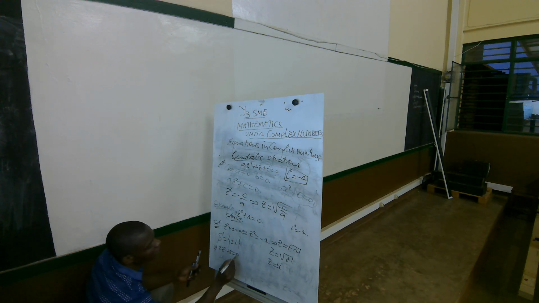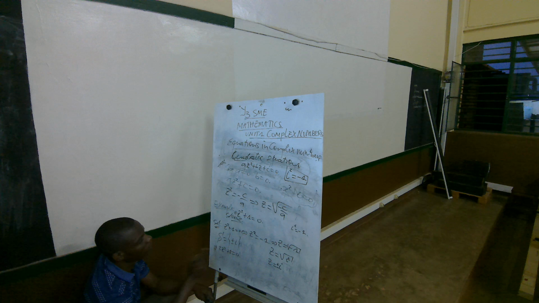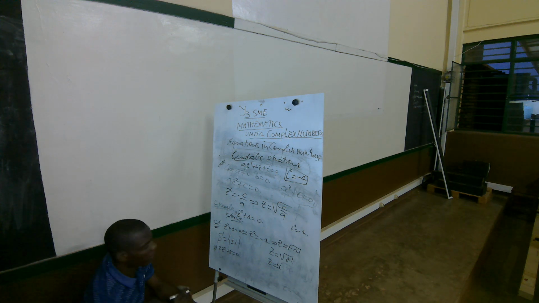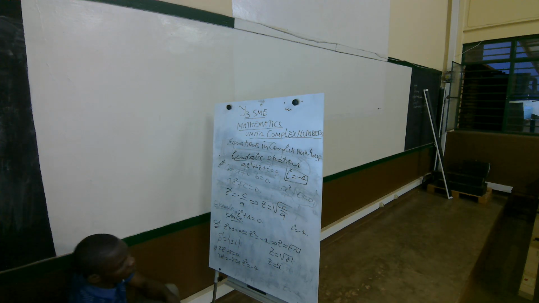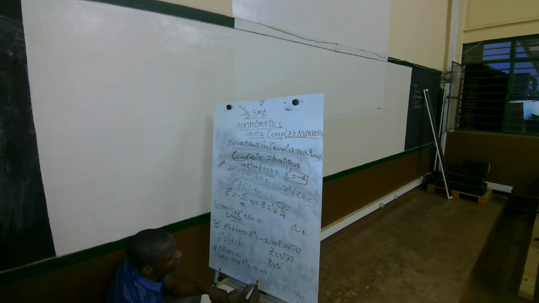Another one we can try, the second one: 2z squared plus 8 is equal to 0. We can solve this one in the set of complex numbers. We say that 2z squared is equal to negative 8, which is equivalent to z squared equal to negative 4. This is equivalent to z equal to the square root of negative 4.